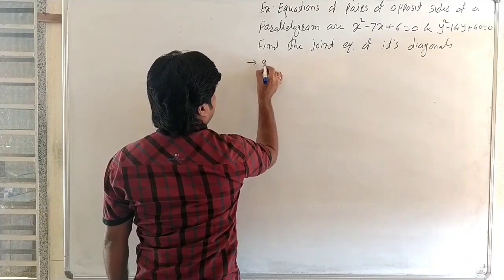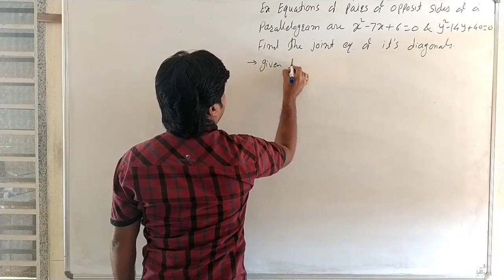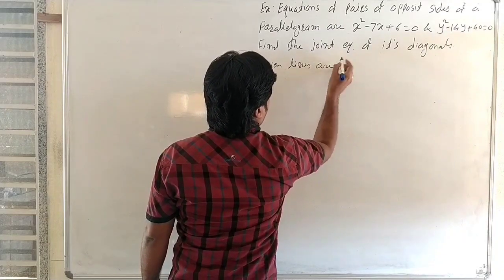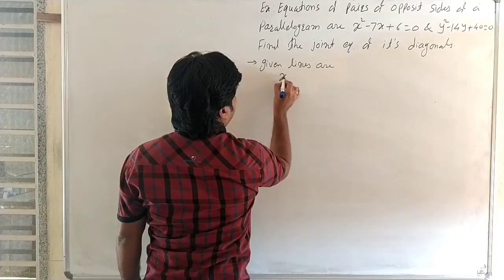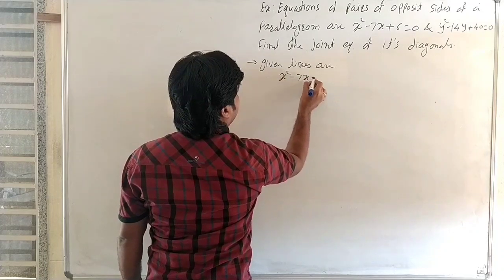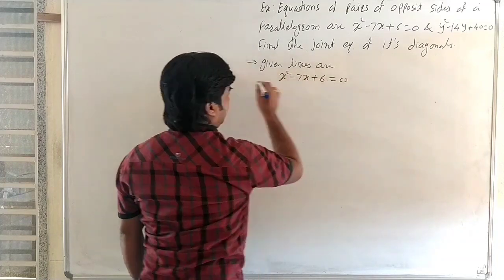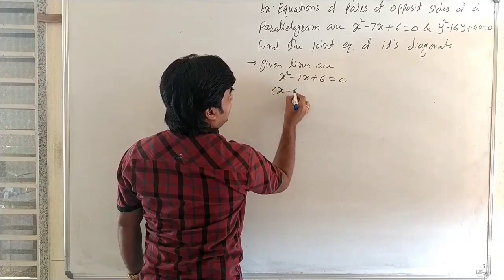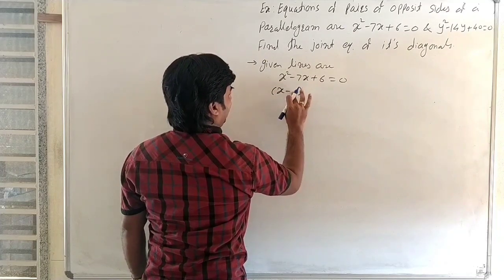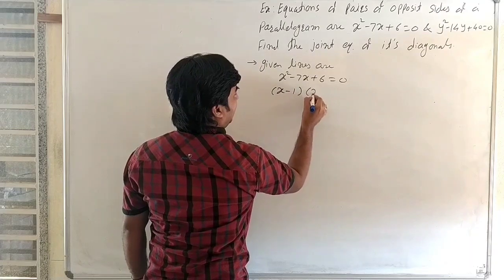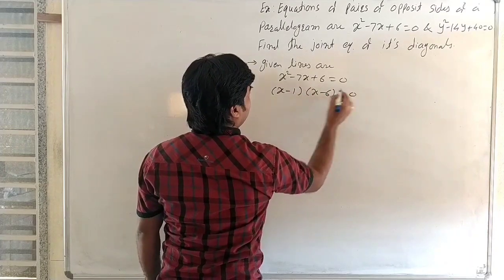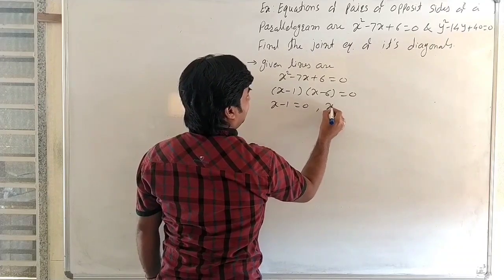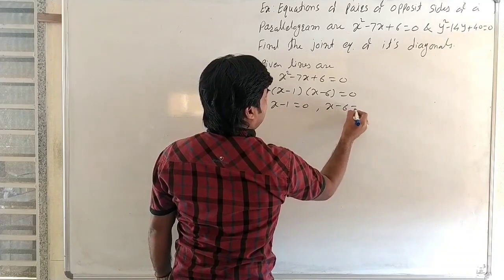Now here the given lines are x square minus 7x plus 6 equal to 0. Therefore take the factors here. It is x minus 1 and x minus 6 is equal to 0. Therefore x minus 1 equal to 0 and x minus 6 equal to 0.